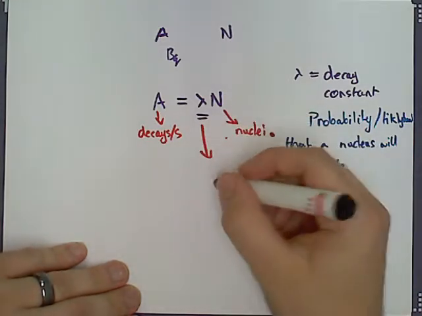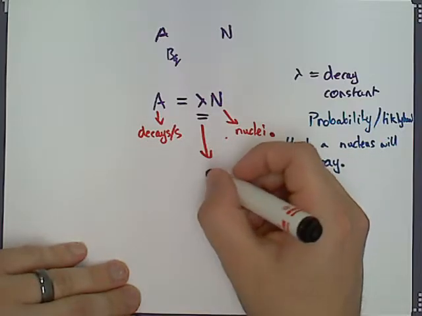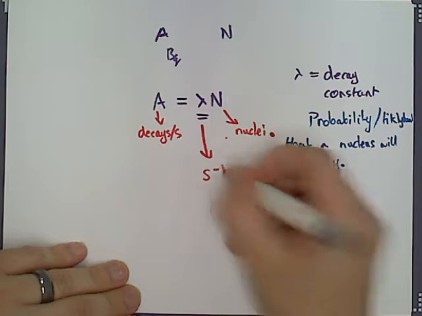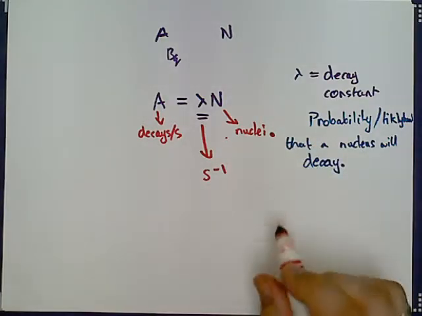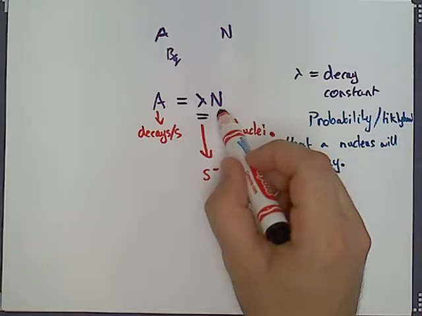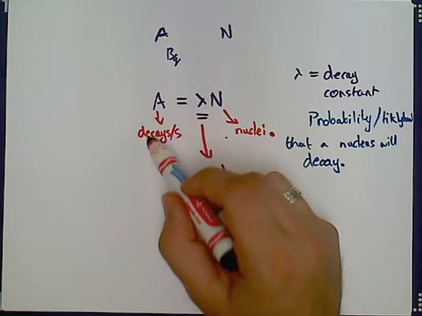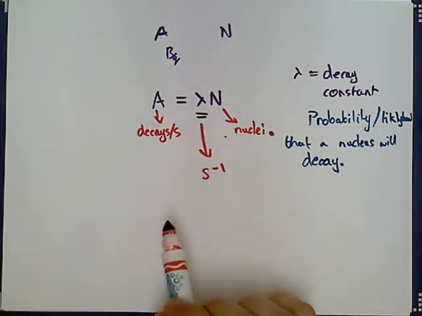As a result, the decay constant lambda has a unit of seconds to the -1, because effectively it's telling you the amount of nuclei that can decay per second.